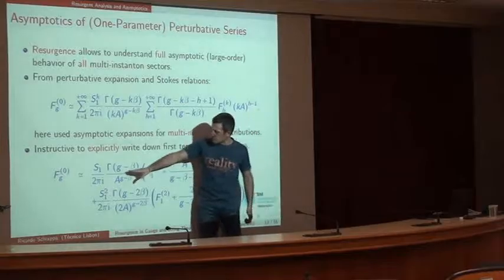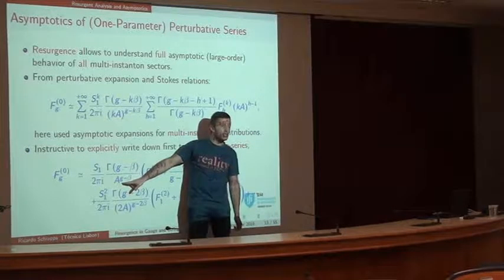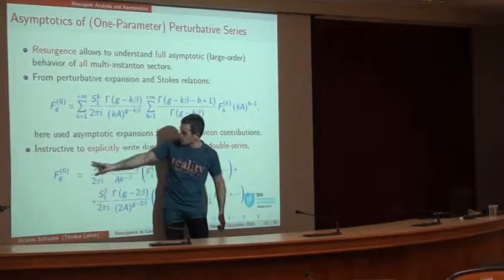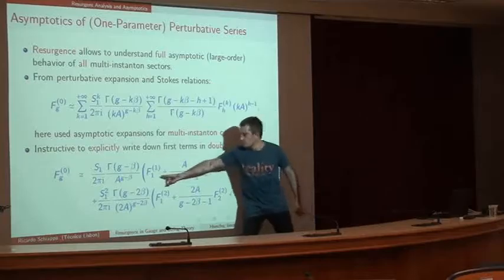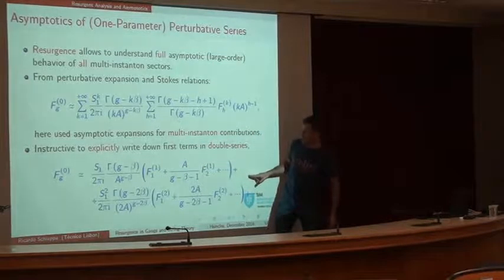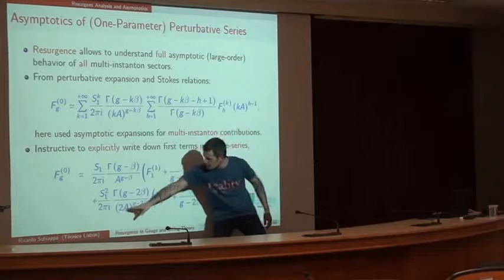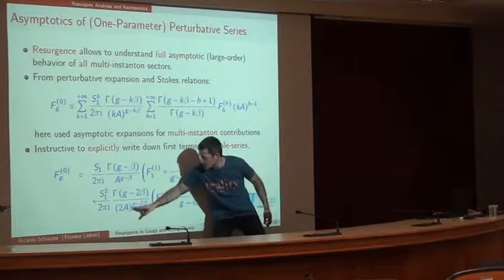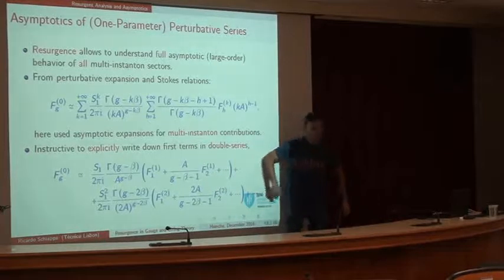You can see that it's given by the factorial growth. Then there's an instanton action to the power g. There's an overall coefficient, which is the Stokes constant. And then I have the one instanton sector, the contribution of one loop, two loops, and so on. And then I have also exponentially suppressed stuff. Like here, the two instanton guy is suppressed as to the minus g, and then the two instanton sector, one loop, two loops, and so on.